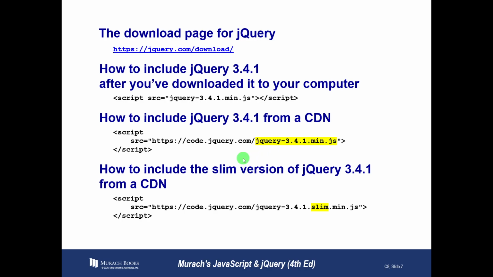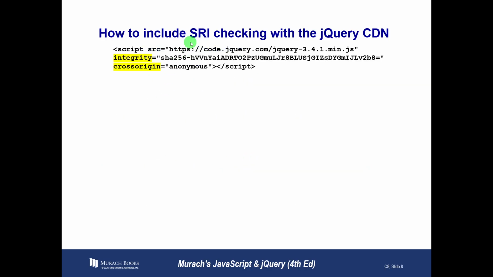Okay. And one more thing you can add is SRI checking. Basically, SRI checking makes sure that when people are downloading from a third-party site on your web page, they're not vulnerable to hackers.